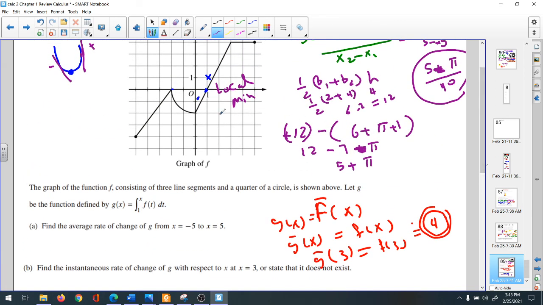When you come to the second critical point at negative 2, you will see that the graph is in the negative area both before and after it. So there is no change in the derivative.